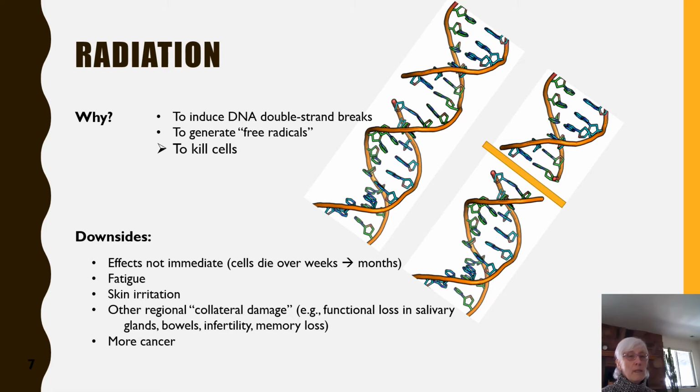And I say ultimately because one of the downsides is that radiation treatment typically does not exert its effect immediately, but rather the cells are going to die over weeks or months. So a person cannot know whether or not radiation therapy has been effective for several weeks or months after its conclusion.